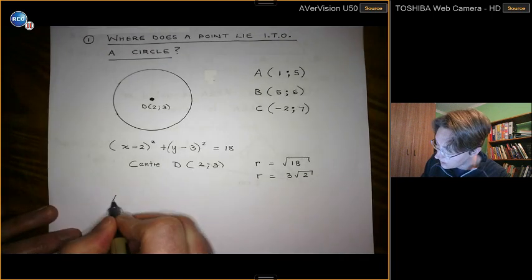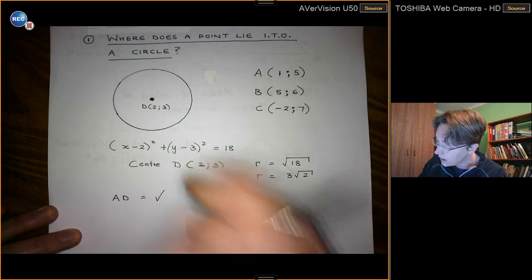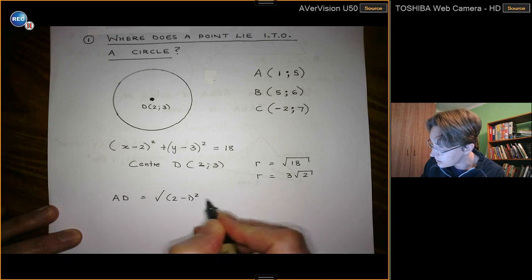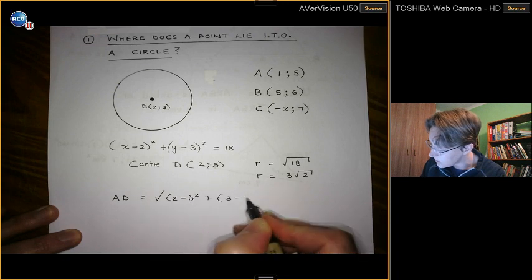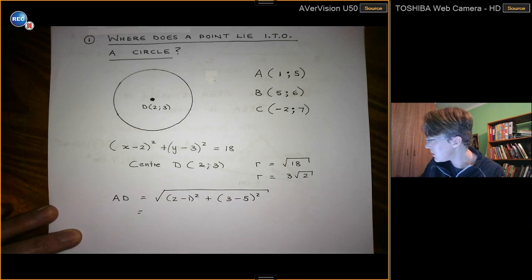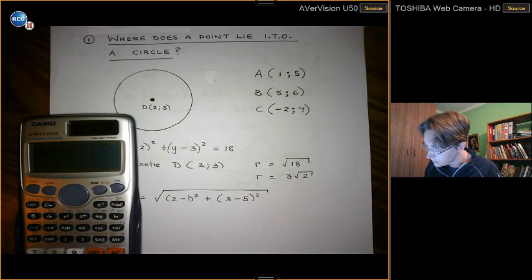So we're going to work out AD from the center to point A. We're going to say 2 minus 1 squared plus 3 minus 5 squared. And I'll type that into my calculator quickly. That is then equal to the square root of 5.